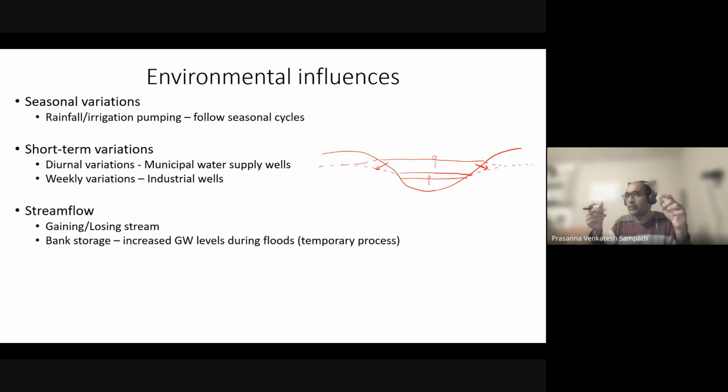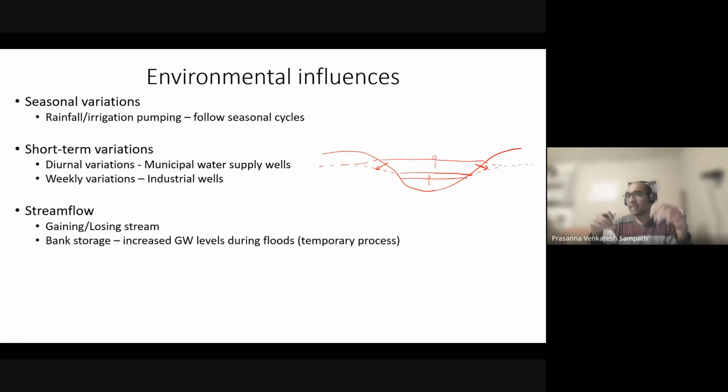Now, this process is not perfectly reversible. Water level goes up in the river, the gradient changes, and some water is stored in the aquifer. Now the water level in the river goes down. Not all the water that went out into the banks is going to come back into the river. It's not a perfectly elastic process, if you can call it that.